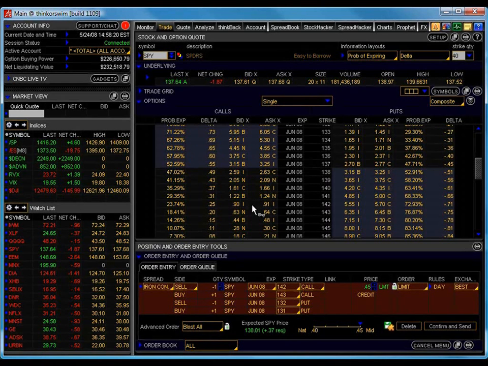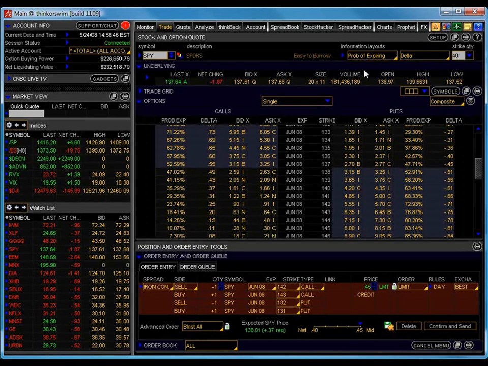Those are pretty good odds. You have a 70% chance of making a profit on this position because there's a 70% chance that it will expire worthless. And there's only a 23.7% chance that it will ever be in the money, because if this goes in the money, then we will lose some money, potentially.